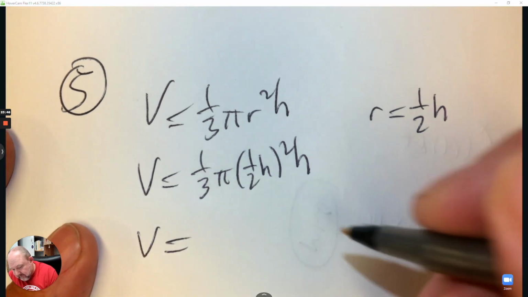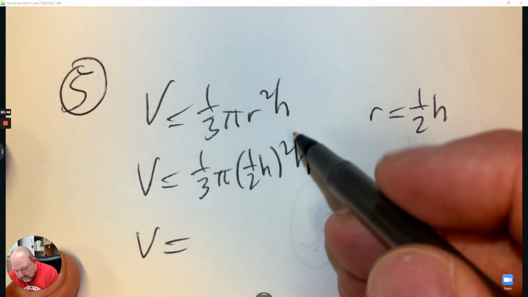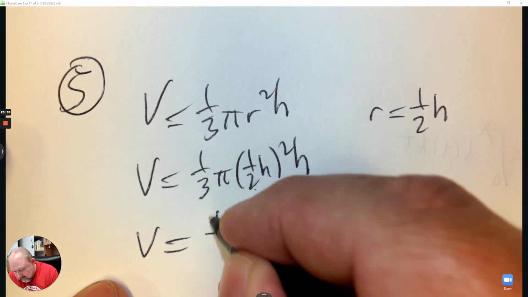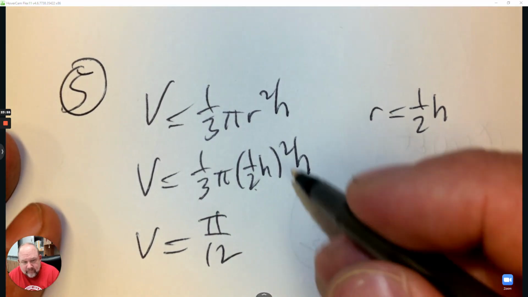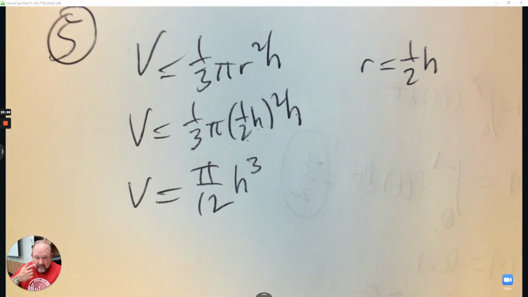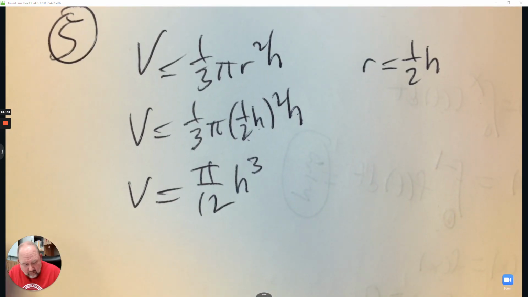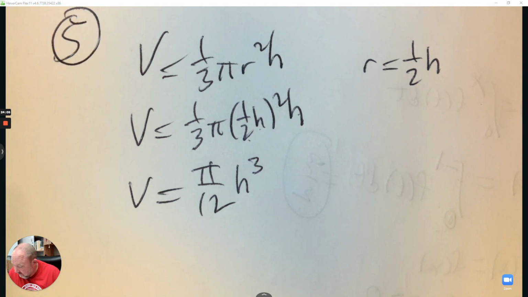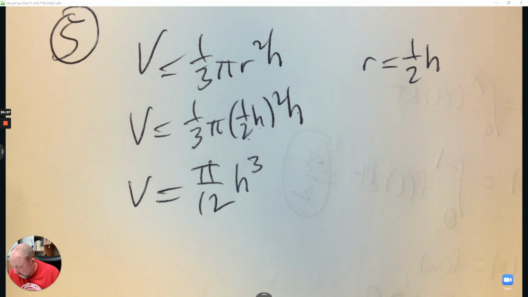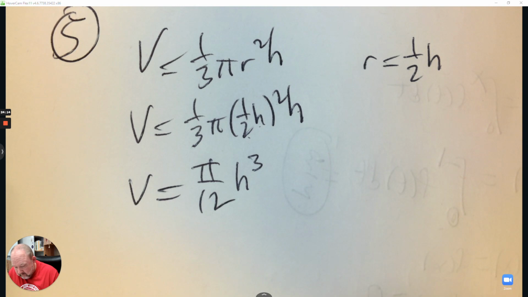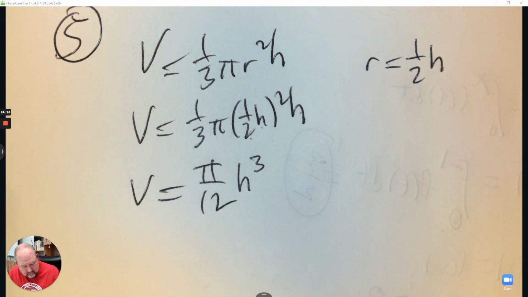It might be helpful to simplify that, so I'm going to. When I square it, 2 squared is 4 times 3. That's going to be pi over 12. And then h squared and h, that's h cubed. So it might be helpful to have it simplified for our next step. To know how much volume of water contained when h equals 5, I need to integrate in terms of what it is. Well, no, I can just plug in 5 here.